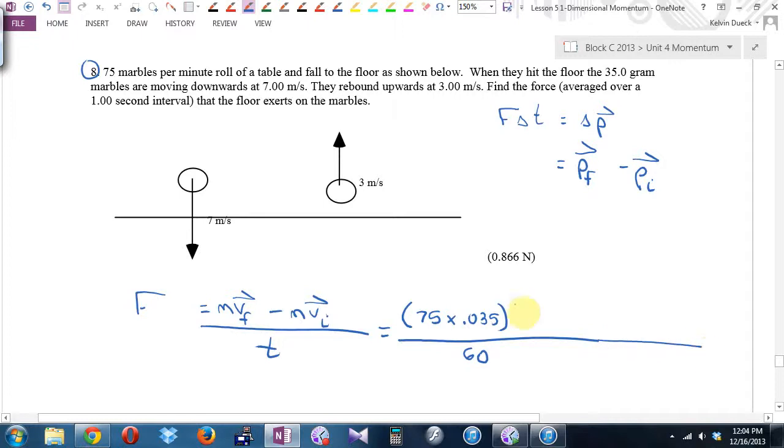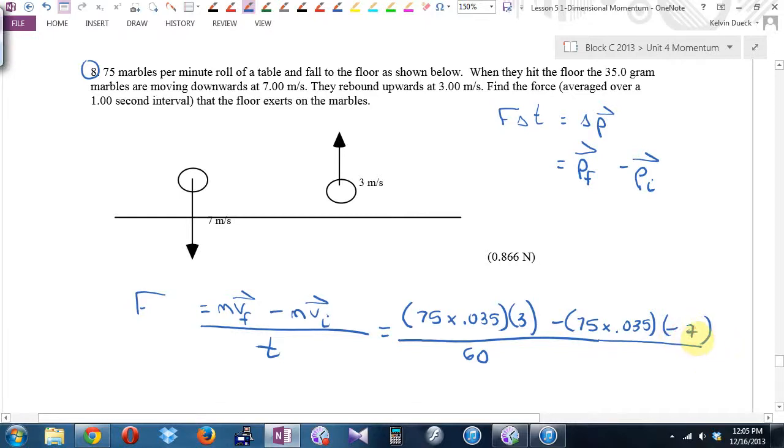V final, 3, minus mass, 75 times 0.035, V initial, oh, please be careful. Don't say 7. What? Negative 7.